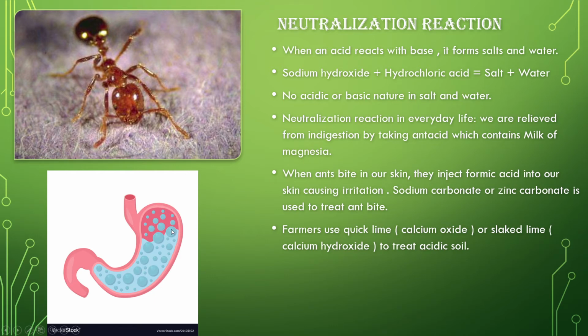That means within the stomach so much acid is formed, and so we feel some pain. When we take the antacid, which contains bases, the acid and bases react with each other and form salt and water, so that we don't feel any pain. That means the acidic character is neutralized, the acidity is neutralized.